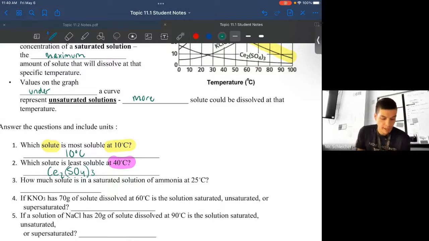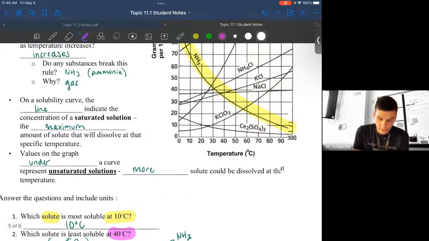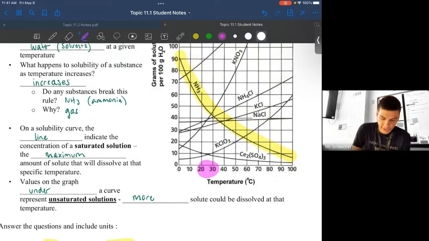All right, how much solute is in a saturated solution of ammonia at 25 degrees Celsius? Ammonia is NH3. It's a very common molecule to know the formula of. Let's look at 25 degrees Celsius and then look up ammonia's curve. So 25 is somewhere in between here.